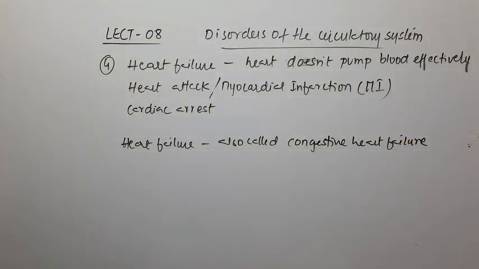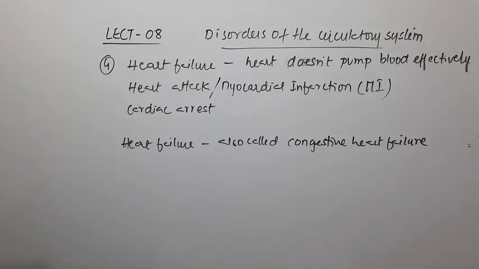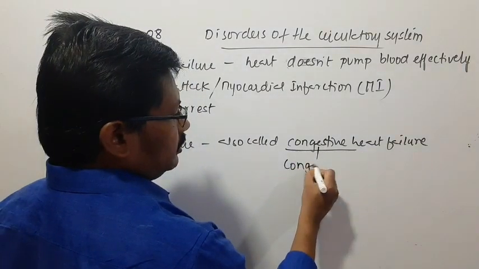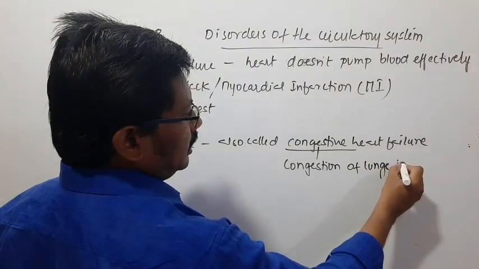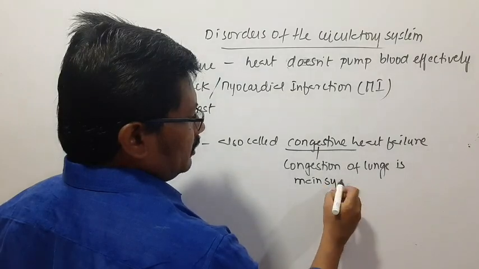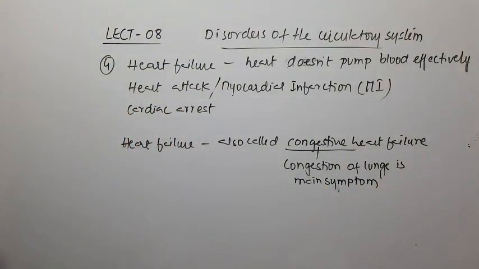Why do we call it congestive heart failure? Because congestion is the main symptom in this disease. Congestion of the lungs is the main symptom. Because of this, heart failure is also called congestive heart failure.